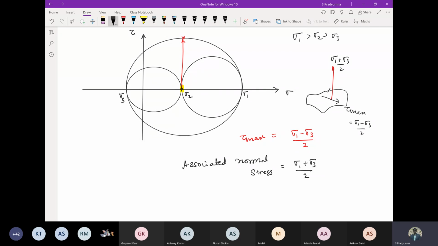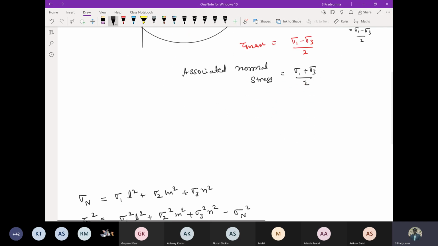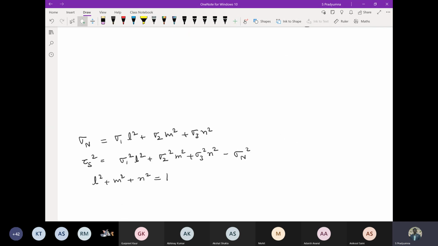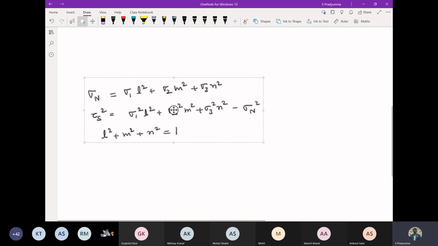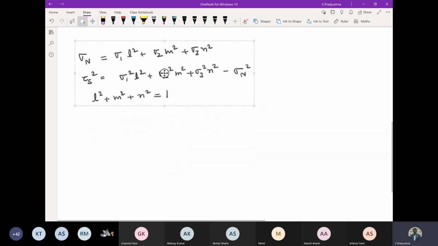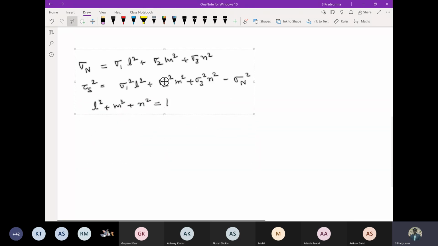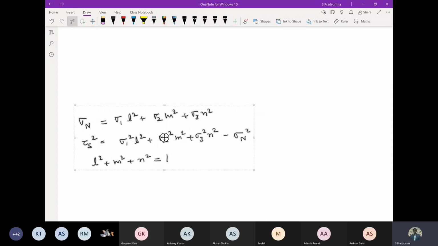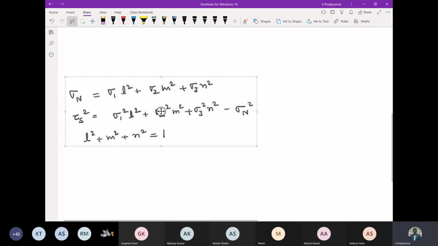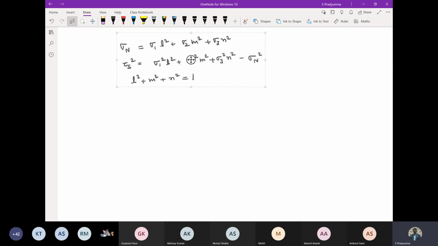So this is one particular plane on which I get the shear stress maximum, that is sigma 1 minus sigma 3 by 2, and the associated normal stress on that particular plane is equal to sigma 1 plus sigma 3 by 2. Now, can we put that in this equation? These three equations we discussed, where we can calculate the value of normal stress and the value of shear stress corresponding to any particular plane where I want to find out the normal and shear stress.